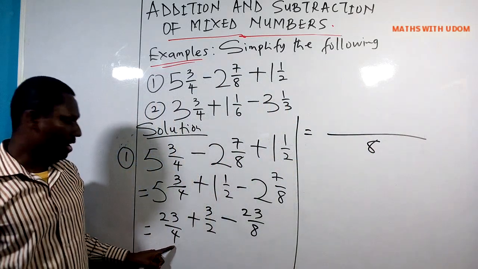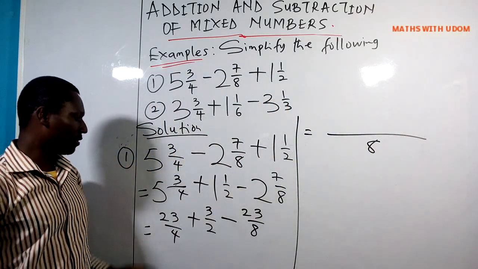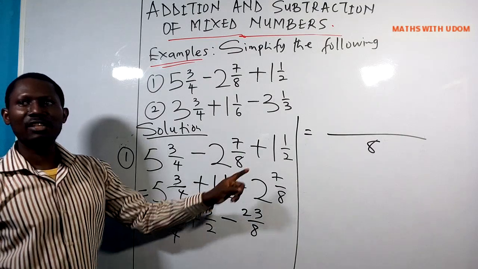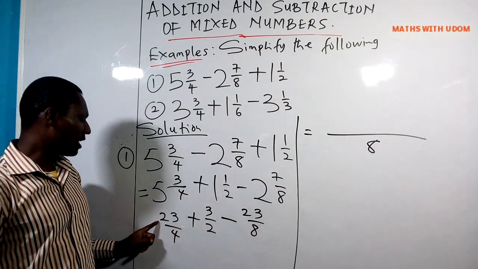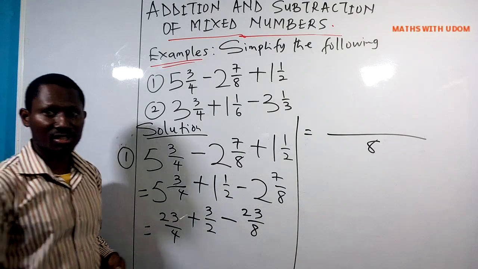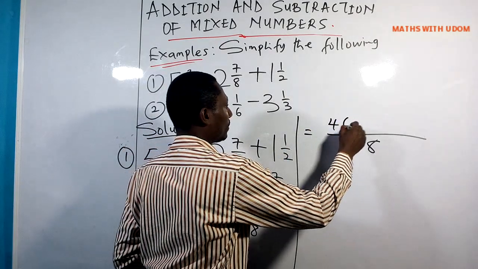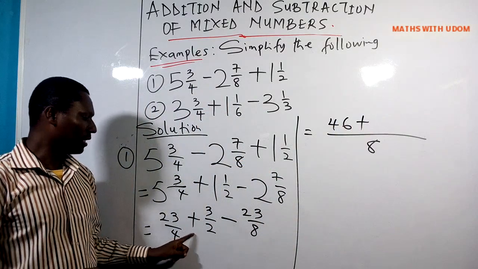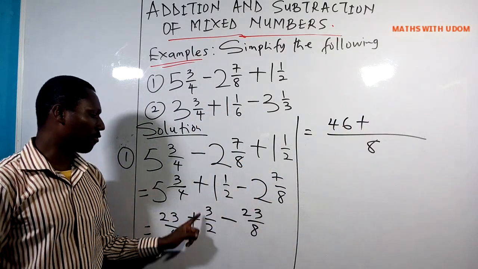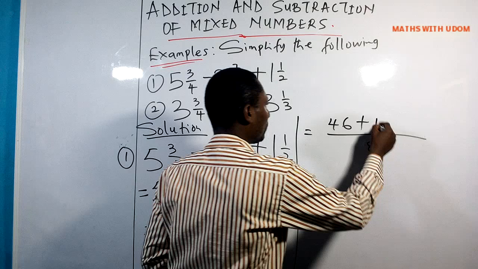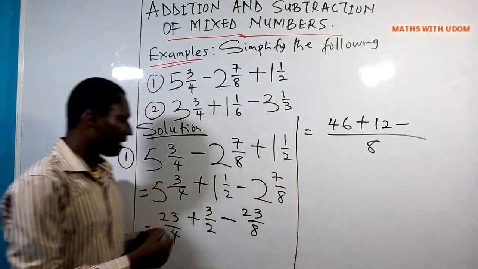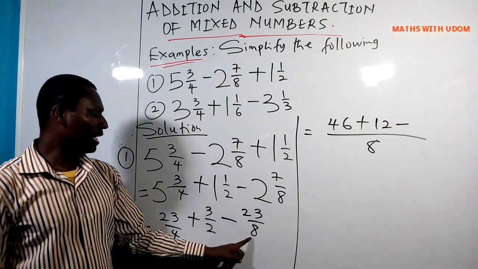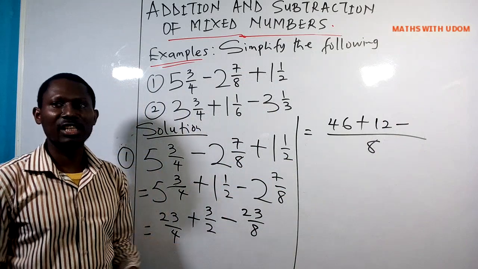How many 4 can go in 8? 2. 4 in 8 is 2, and 2 times 23 will give us 46. Then we have the plus sign. How many 2 can go in 8? 4. 4 times 3 is 12. Then we have minus. How many 8 can go in 8? 1. 1 times 23 is 23.